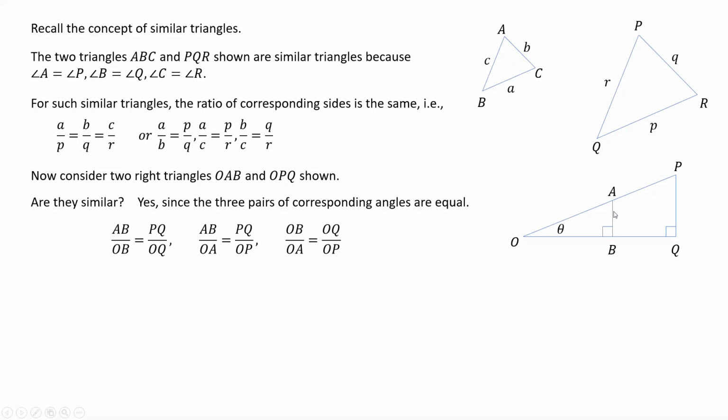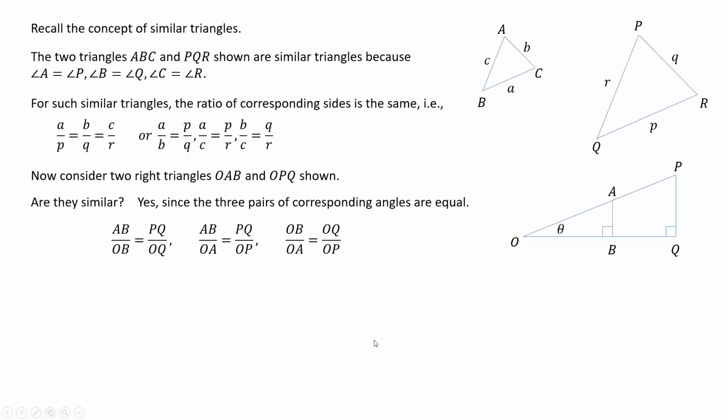I'll pick stuff from one triangle, that is AB over OB, is equal to, the corresponding sides are PQ over OQ. So AB over OB equals PQ over OQ. Similarly, AB over OA is PQ over OP, and so on.